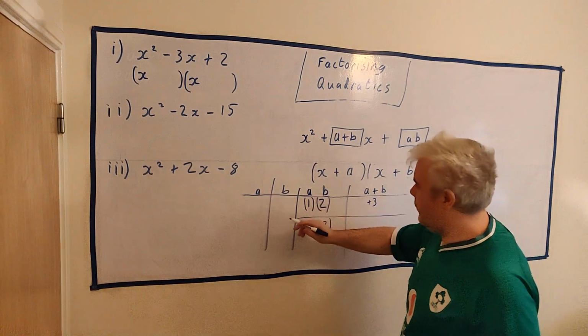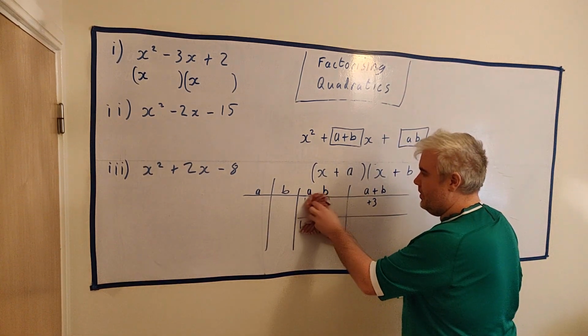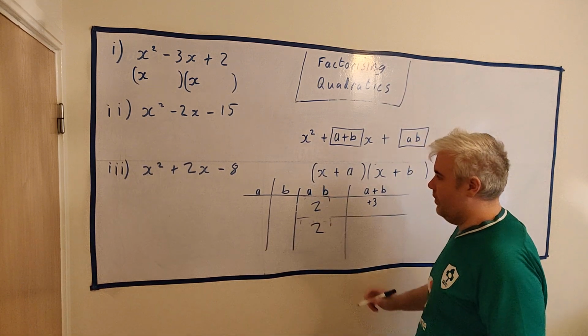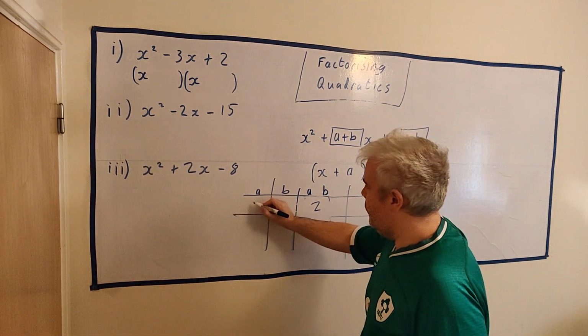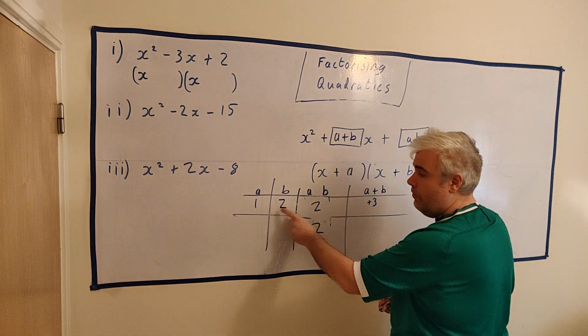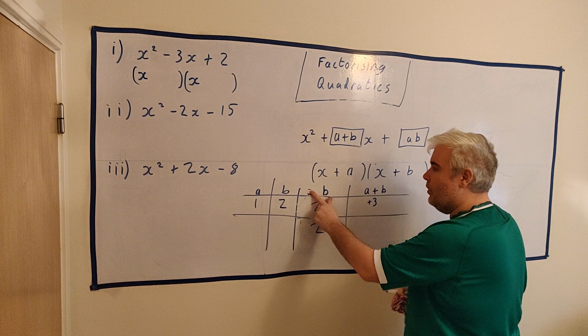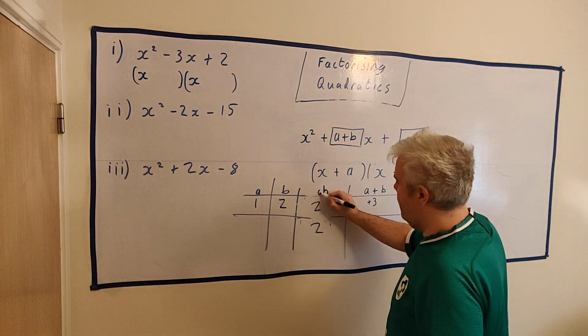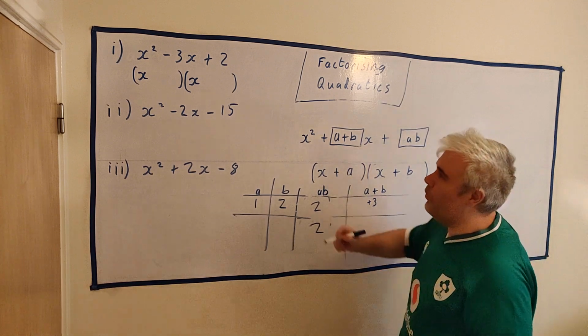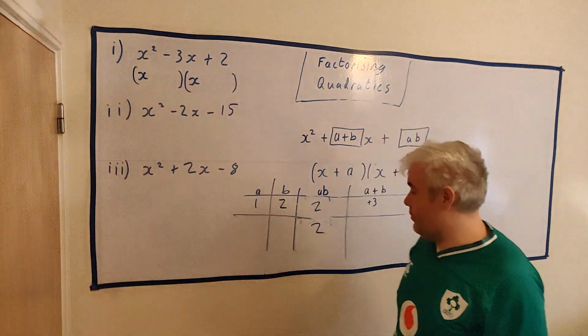So we have to think of them. Let's put in 1 and 2 here. A is 1, B is 2. A multiplied by B is 2. A plus B is 3. That doesn't quite work. We need 2 and we need minus 3.